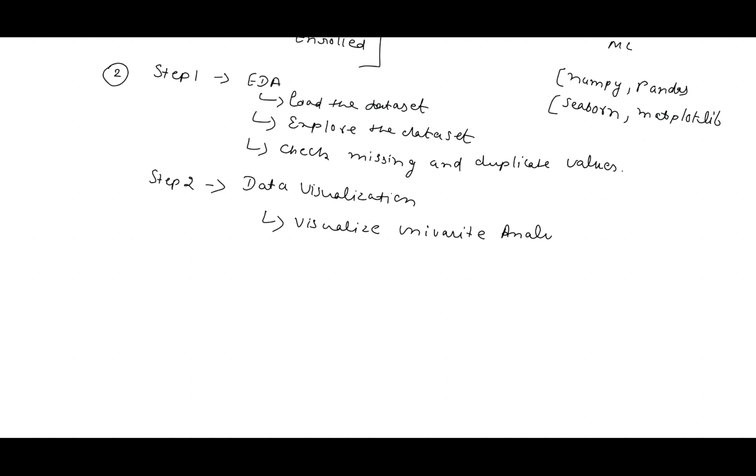This means you are going to pick any one feature and show the distribution of that, and then bivariate, and then you can also do multivariate. Okay. So here you will use these two libraries.